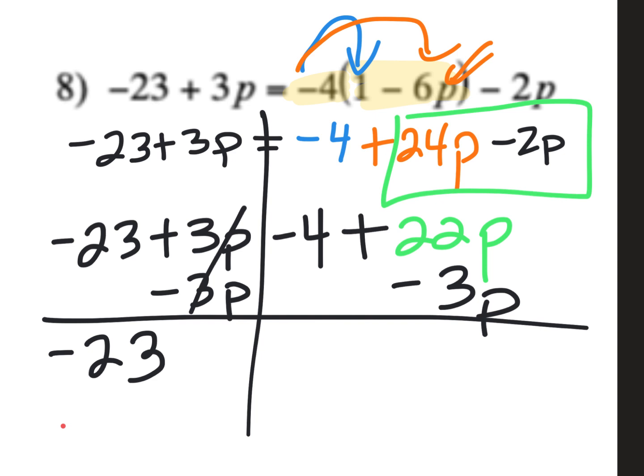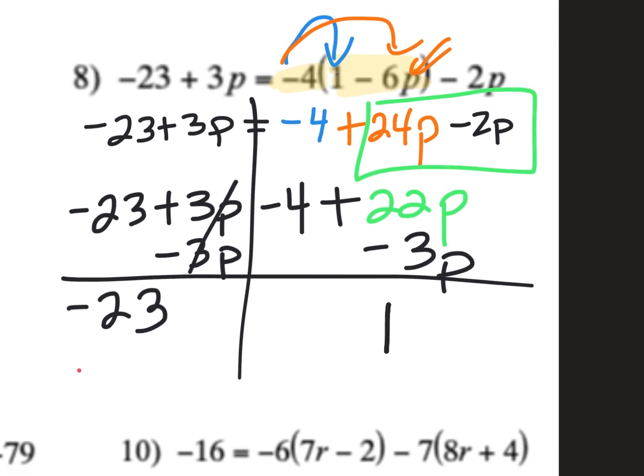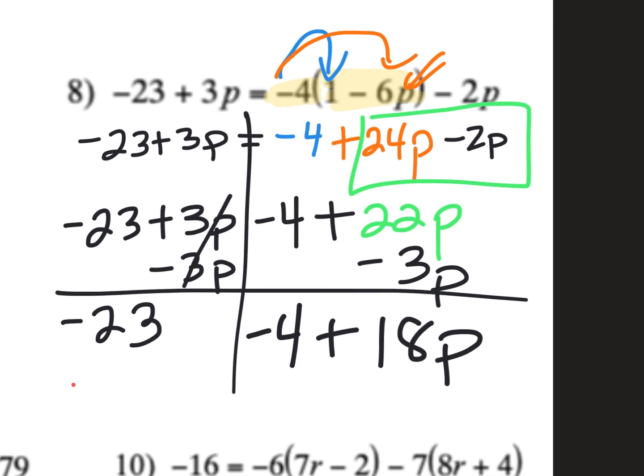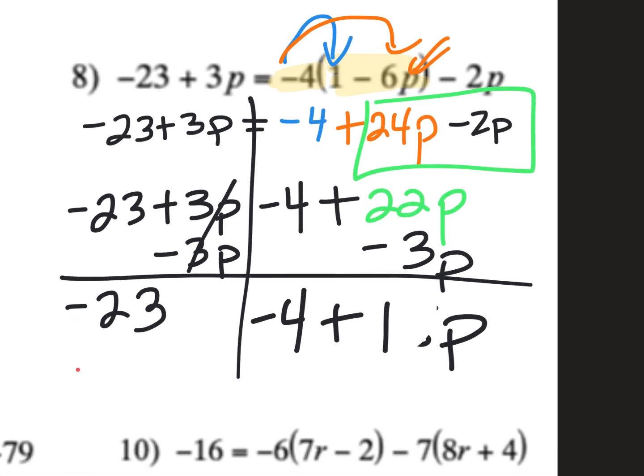So if you have 22 P's and you take 3 of them away, you've got 18P. And I'm going to bring down that negative 4. Thank you, James. That was a test. Congratulations, James, you passed.